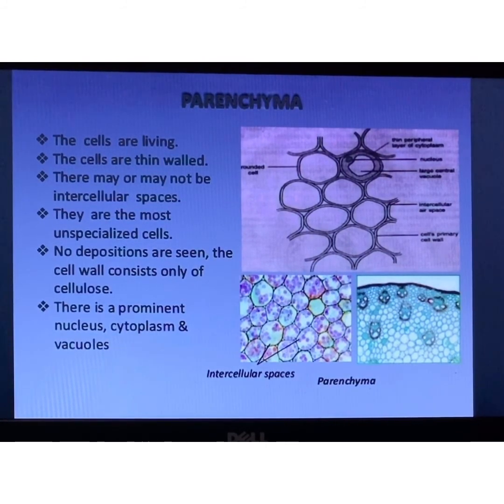Now what do you mean by the word unspecialized cells? The meristematic tissue was giving birth to new cells in the plant at the shoot tip and at the root tip. Those cells will mature to form parenchyma. And it is from parenchyma that you will find the various other specializations take place.